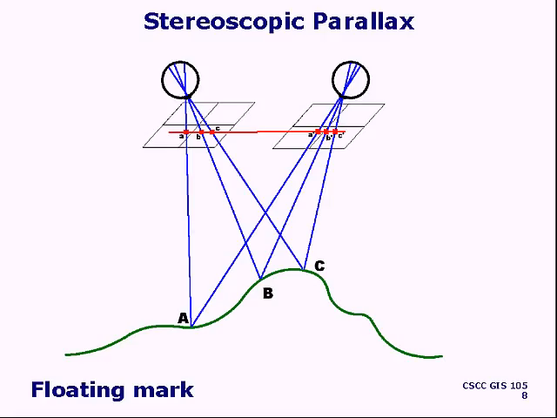Here again, we're going to go back to that transparent medium placed in front of what we're viewing. In this case, it could be that we're actually viewing the photos. But what we have here is two marks are going to be introduced into the optical axis of each viewpoint.